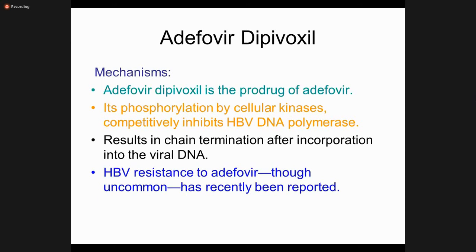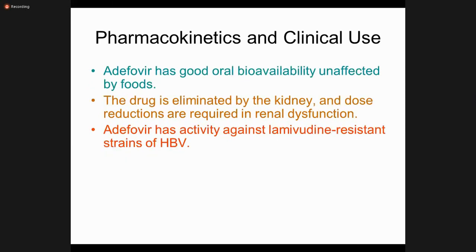Its phosphorylation by cellular kinases competitively inhibits hepatitis B viral DNA polymerase, resulting in chain termination after incorporation into the viral DNA. Hepatitis B viral resistance to Adefovir, though uncommon, has recently been reported. So it's a very effective drug, but nowadays it's showing resistance.